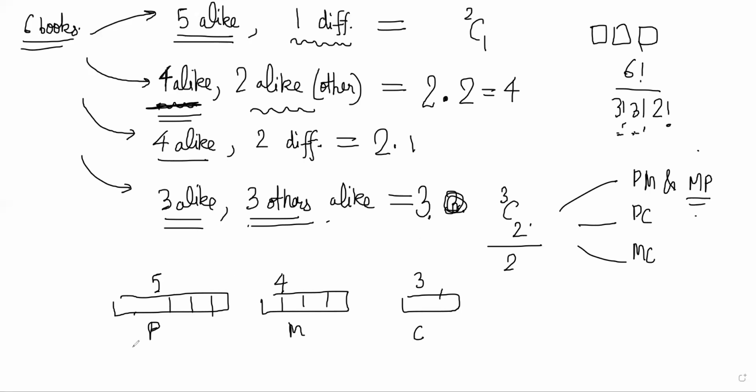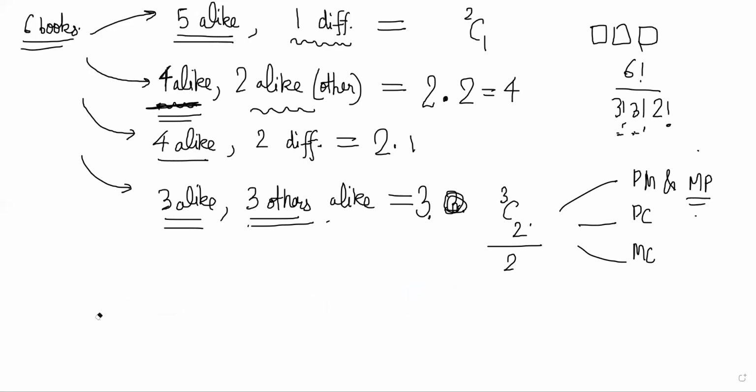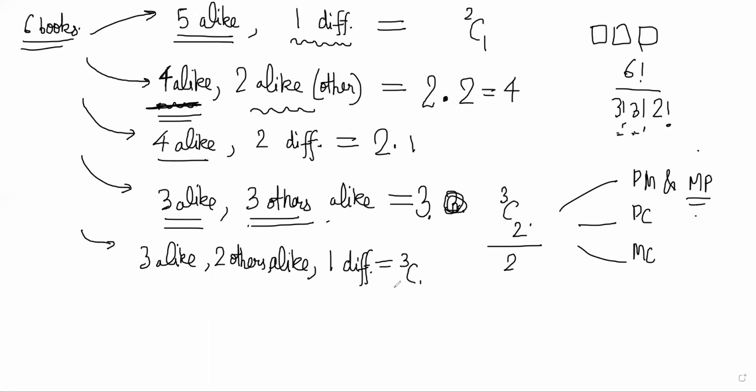Then the next case is when you have three alike, and then 2 others are alike, and one is different, right? Okay. So now the group sizes are different. So now you can do 3C1 for the first one, 2C1 for the second one, and then the last one is 1.